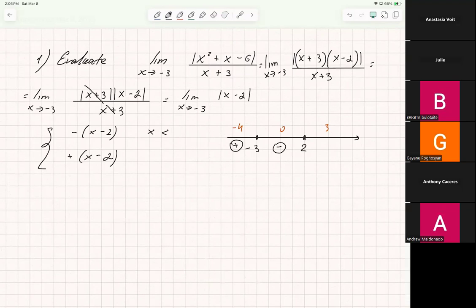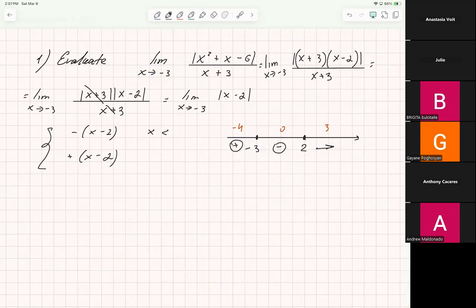And here it doesn't really matter, because we are only interested in when x approaches -3, right? So we are looking at the values on the left and on the right side of -3. This is not really important in this case.